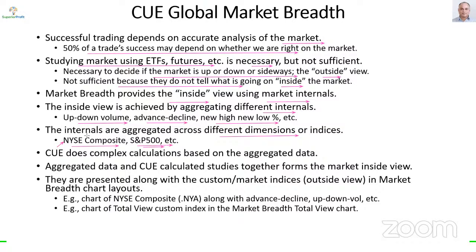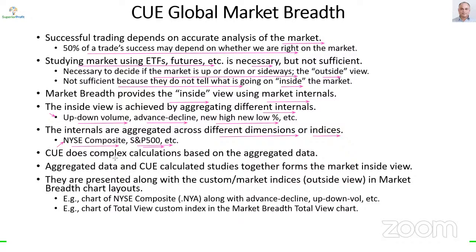So we may aggregate up-down volume across NYSE composite, then S&P 500, etc., and then have an idea how is the overall volume picture. Is it bullish or bearish? And NYSE composite may be bullish, S&P 500 may be also bullish or not bullish. We may look at those differences also across different dimensions, that is across different indices.